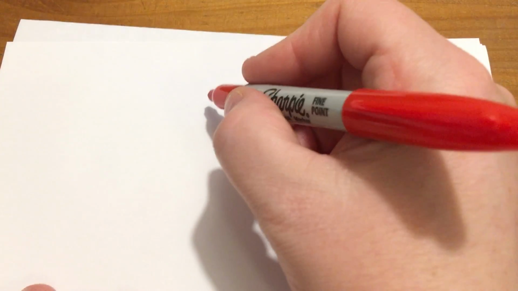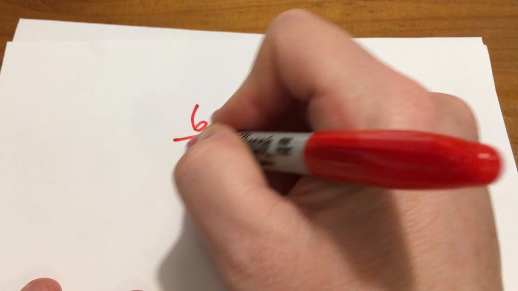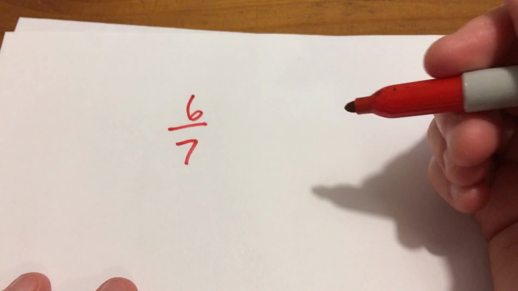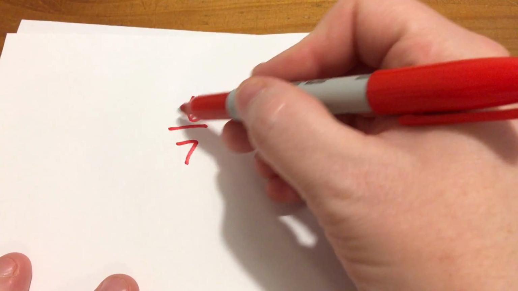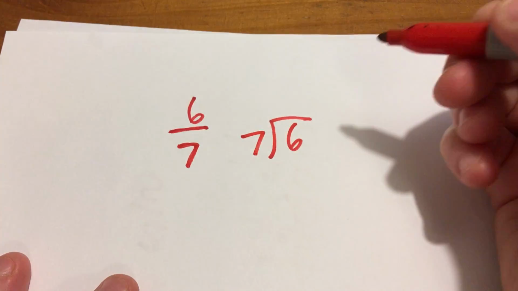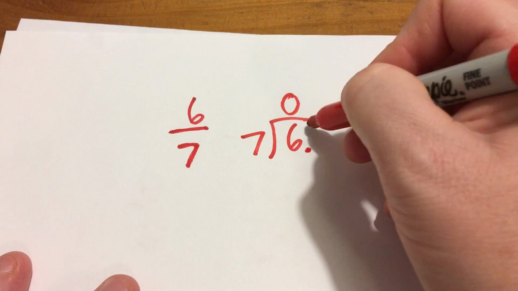Let's do one more. 6/7. It's not over 10, it's not over 100, so it's not an easy one. We have to divide it. 6 divided by 7. Can 7 go into 6? Nope. So we put a 0. We add our decimals.